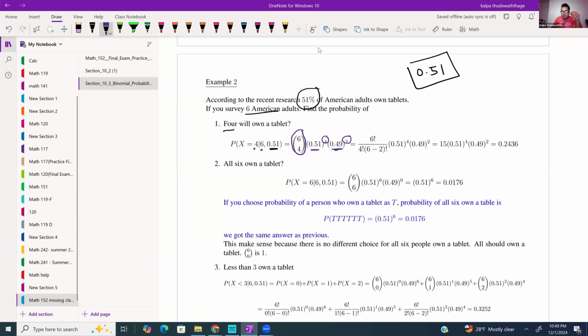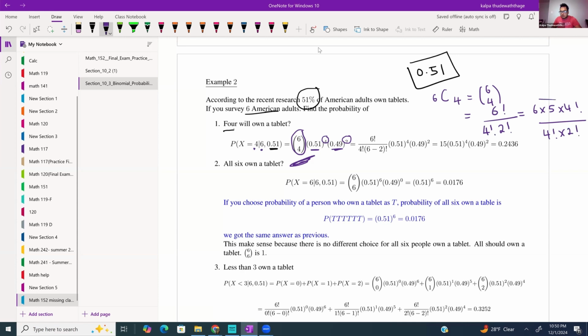And how many ways can I select 4 people out of 6? You can write it like this. That's the notation I use here. But it's 6 factorial over 2 factorial times 4 factorial. So if you simplify, 6 times 5 times 4 factorial, the 4 factorial cancels out in the bottom.